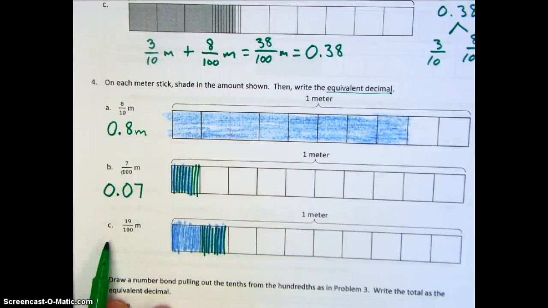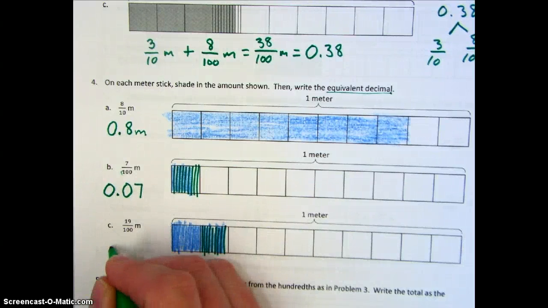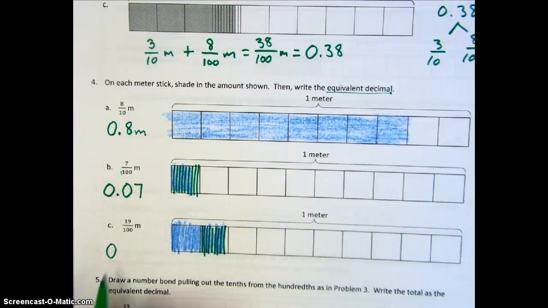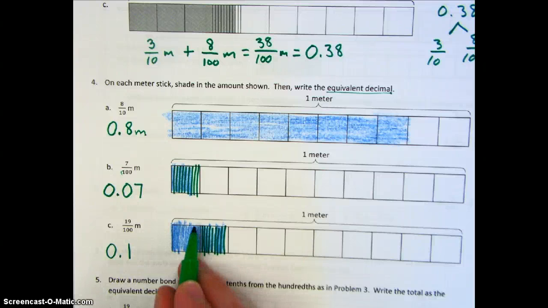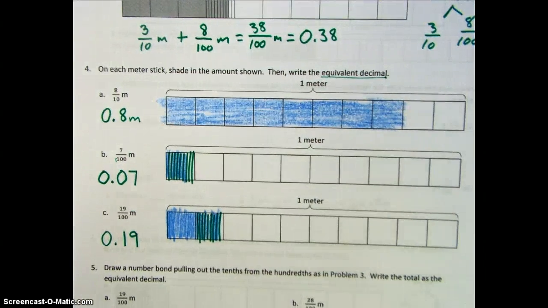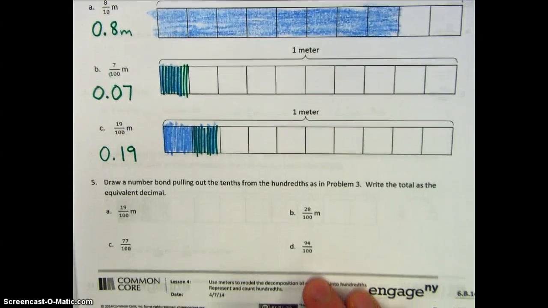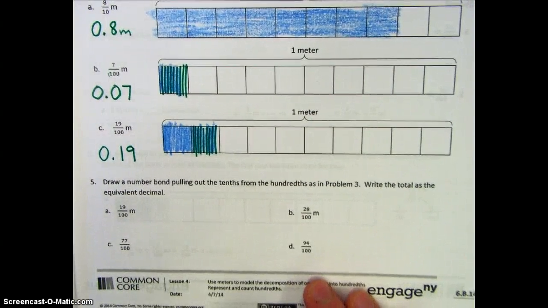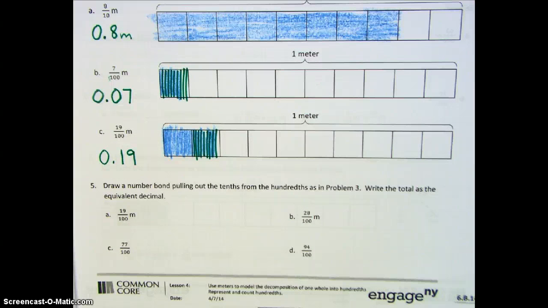Now coming into letter C, we can see that 19/100ths. So we have 1 full tenth shaded in plus 9/100ths after it. Okay. Now moving on to our last question here. Draw a number bond pulling out the tenths from the hundredths as in problem 3.